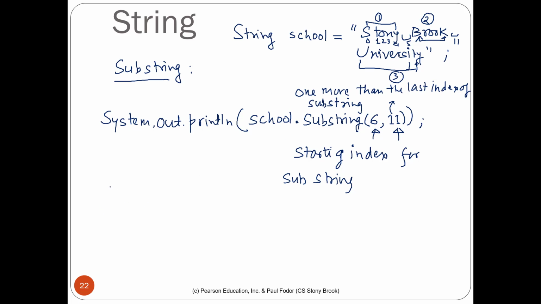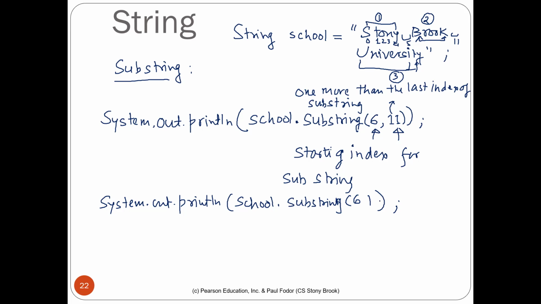There's another version of substring which I should write here. System dot out dot println, school dot substring, and here you specify just one index, and that index could be 6. I'm not telling the end index, right?